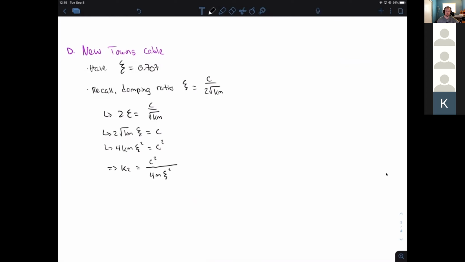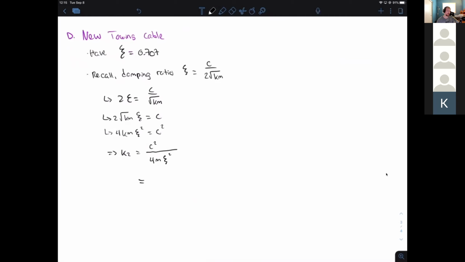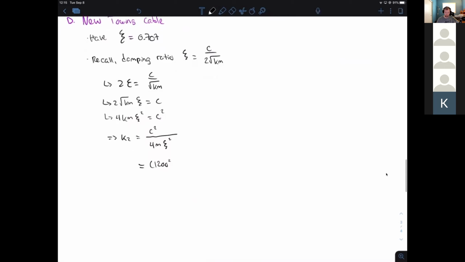Okay, but remember we want to find the length for this new cable. So first I'm going to plug in everything that we already know so we can solve for k2. So we have 1,200. Let's write out the units. I always like to write out all the units so I make sure that they cross out.